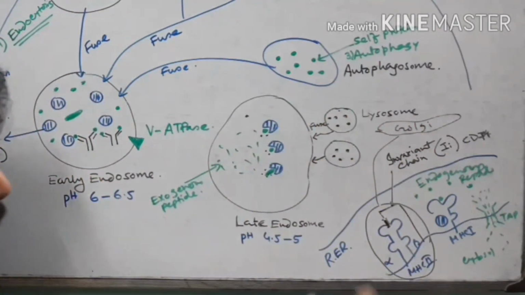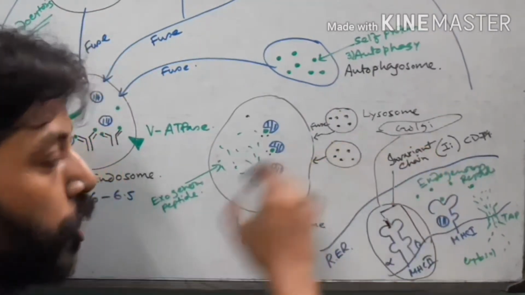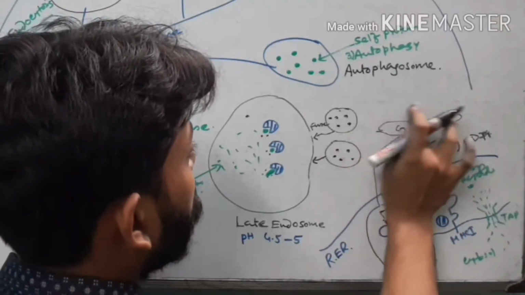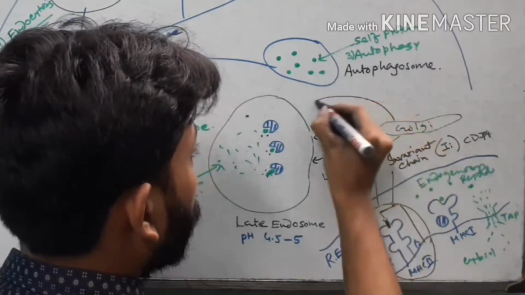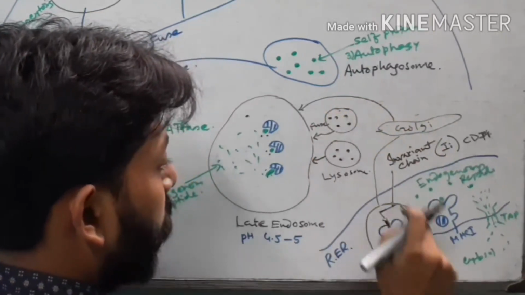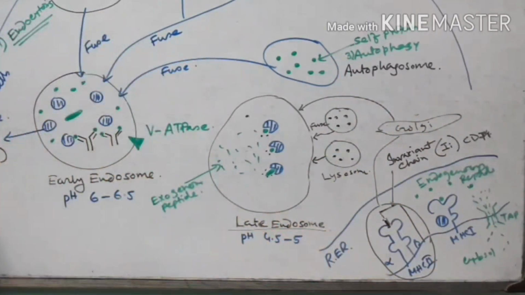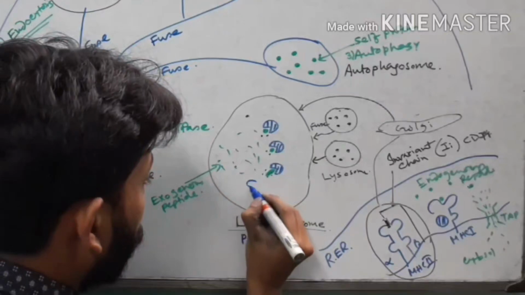Okay, so the MHC2 molecule with the invariant chain now enters the Golgi, and this is the lysosome. From the Golgi, this MHC2 molecule with the invariant chain enters into the late endosome. So now you can understand the late endosome is very important. Now the MHC2 molecule is present in the late endosome.